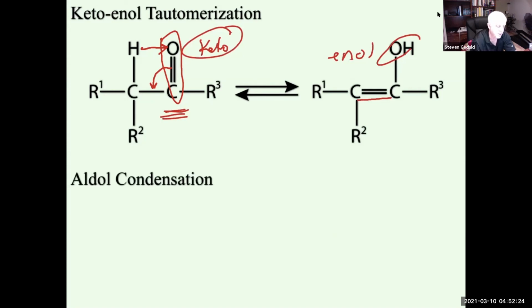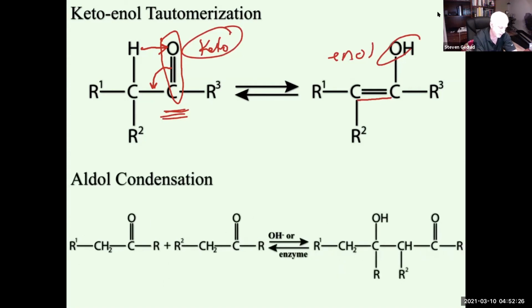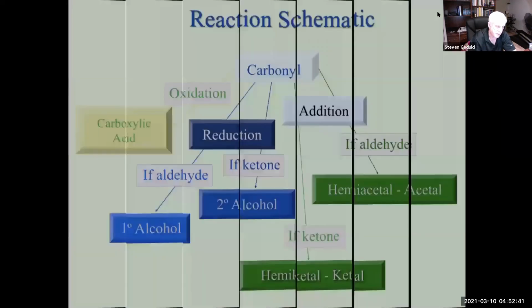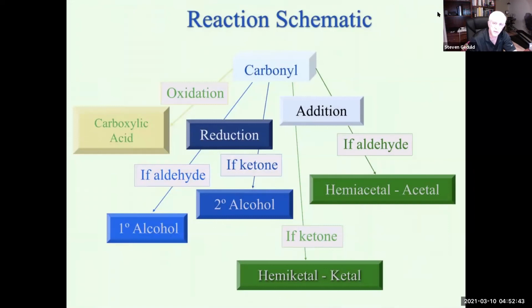Aldol condensation we talked about. We have two ketones in this case combined to form an aldol. There's your aldehyde or your ketone and your alcohol. All right, this is all the reactions we covered.